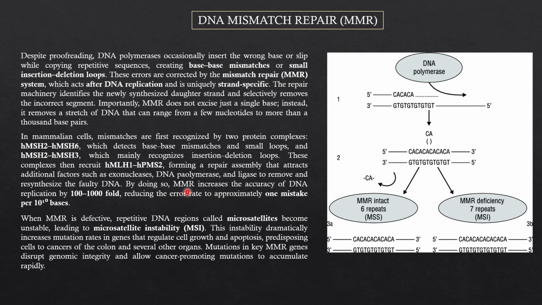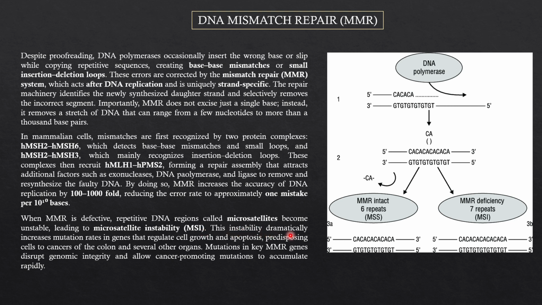By doing this, MMR increases the accuracy of DNA replication by 100 to 1000 fold and reduces the error rate to approximately one mistake per base pair per 10 to the power 10 bases. When MMR is defective, the repetitive DNA regions called microsatellites become unstable and lead to microsatellite instability, or MSI.